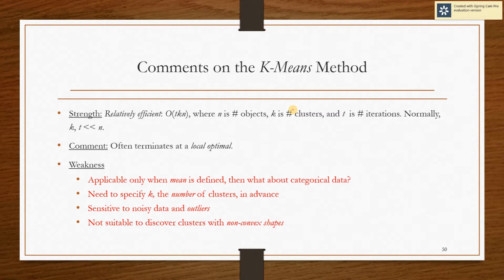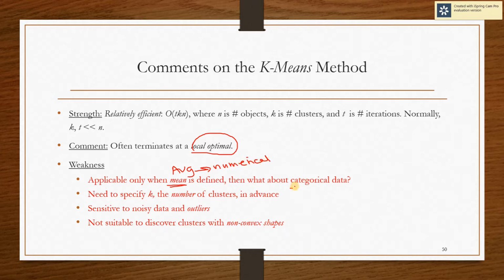However, the k-means method has strengths and weaknesses as well. In terms of strength, it is efficient. However, most of the time it will get stuck at a local optimum. K-means is only applicable when the mean is defined, so we have to get the average, meaning that we are dealing with numerical data.